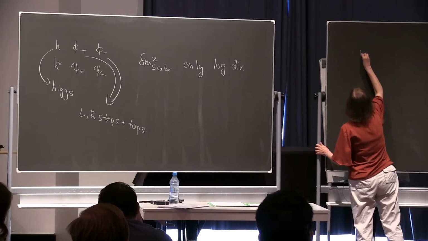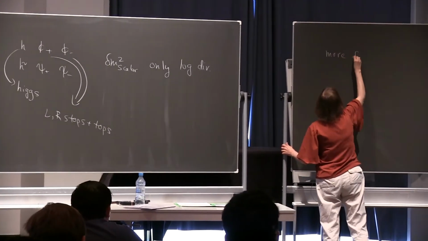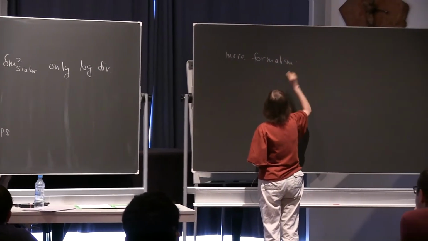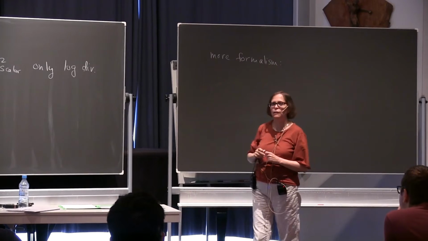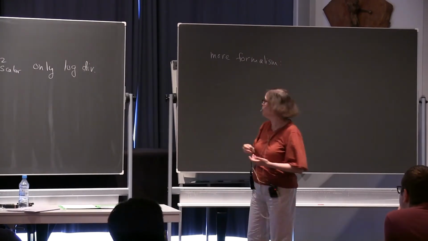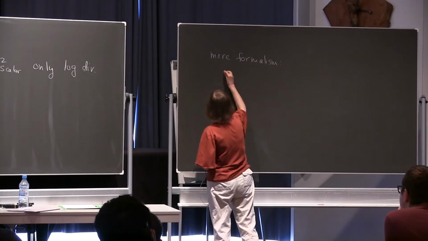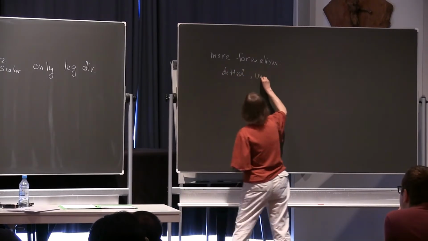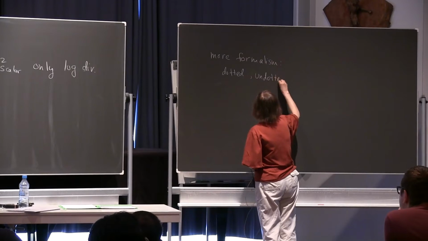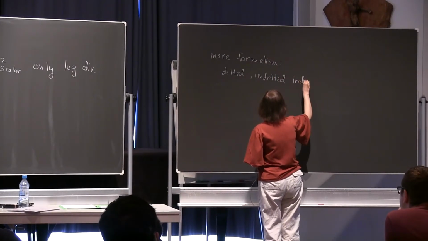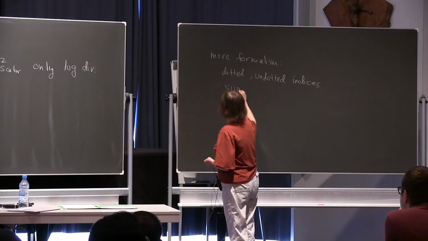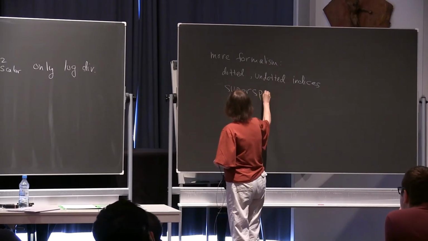So basically I'm going to introduce a little bit of spinor notation. We're going to introduce dotted and undotted indices, and we're going to introduce superspace.